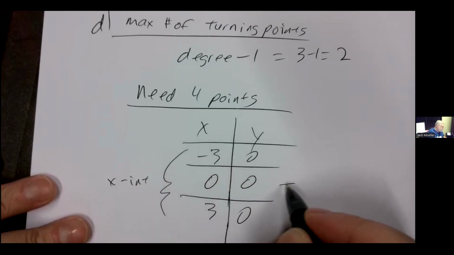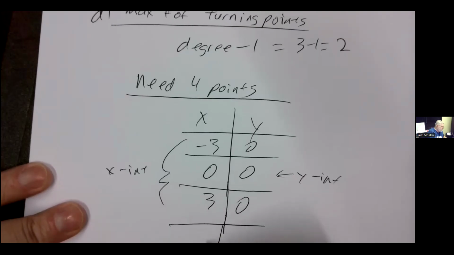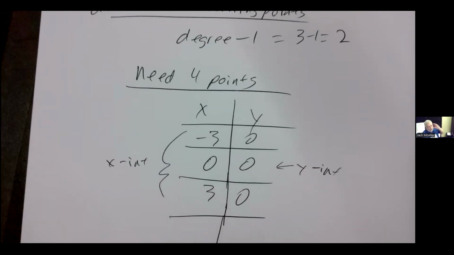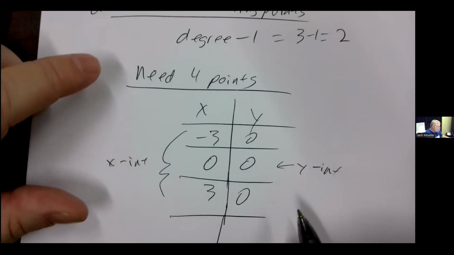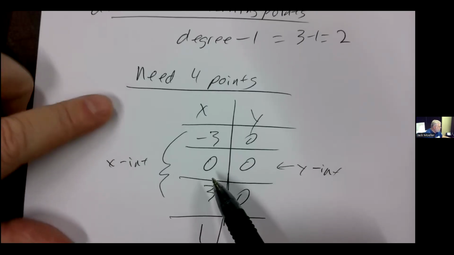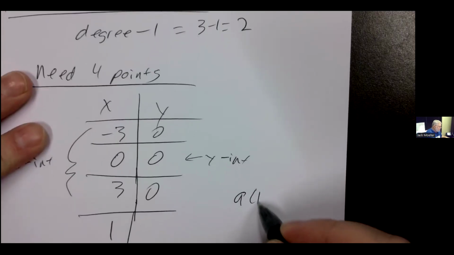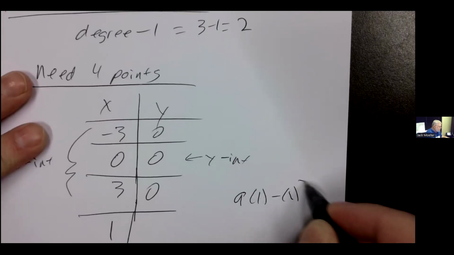Turned out this was also the y-intercept. So in this case, we need a fourth point. So let's just plug in x equals 1, because it's a nice number to plug in. It's between 0 and 1, so it shouldn't be too big. So we are doing 9 times 1 minus 1 cubed.